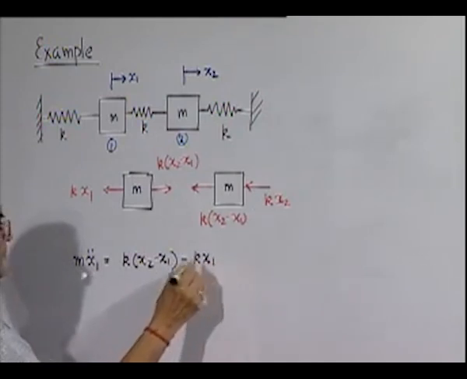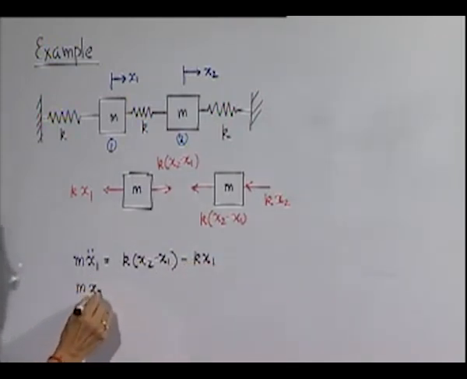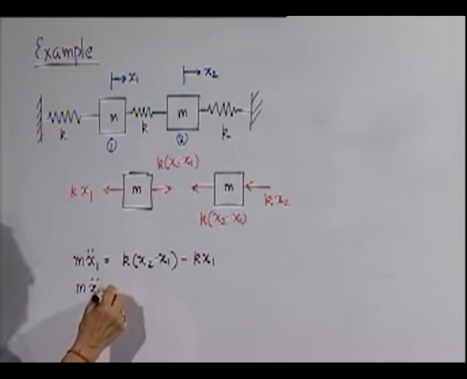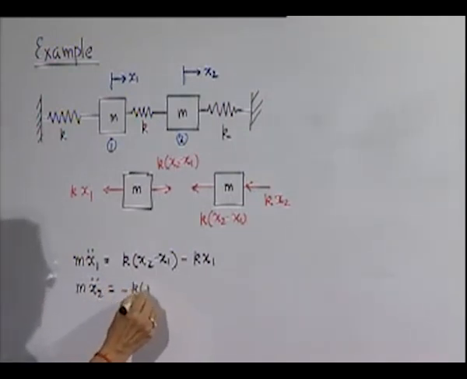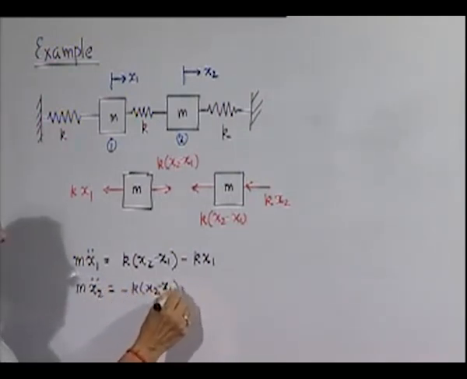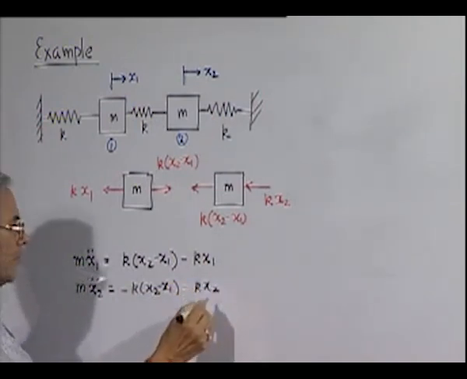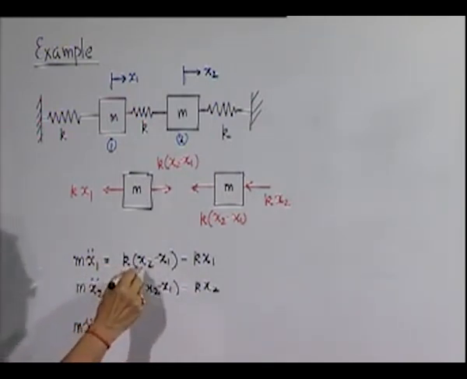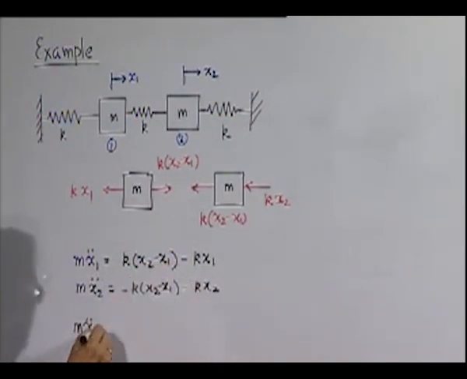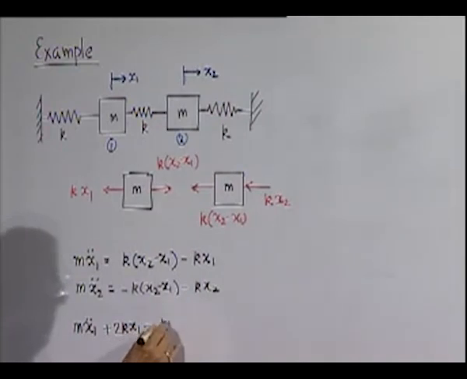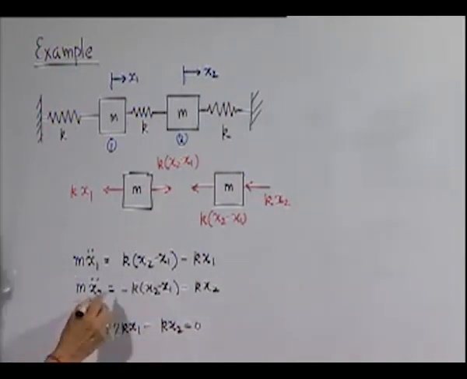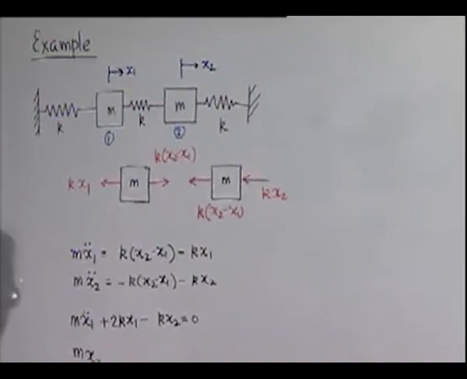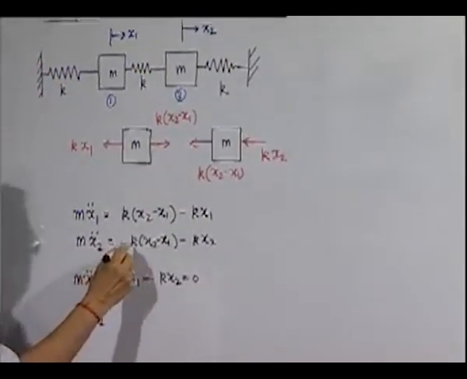So, this being the free body diagram, both are identical masses. The equations of motion can be written for the second body, so we can rewrite this simplifying a little bit.